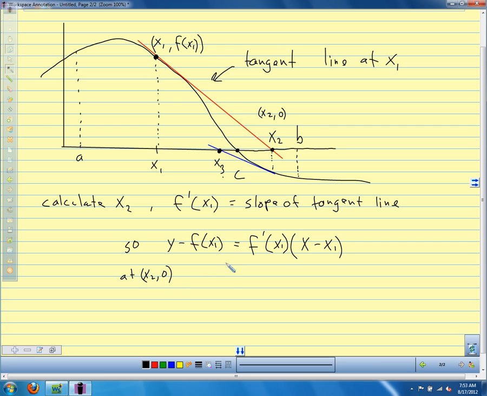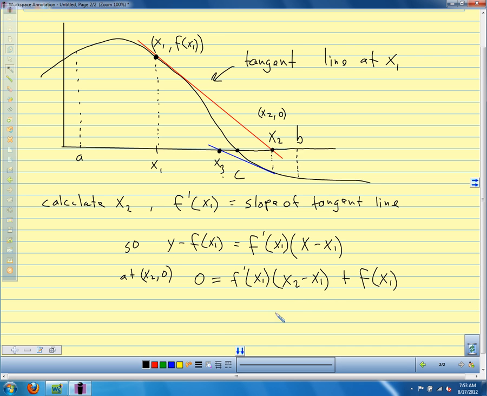We end up with 0 equals f prime of x1 times x2 minus x1 plus f of x1. So I just substituted this point, x2, 0, into this equation and rearranged a little bit.